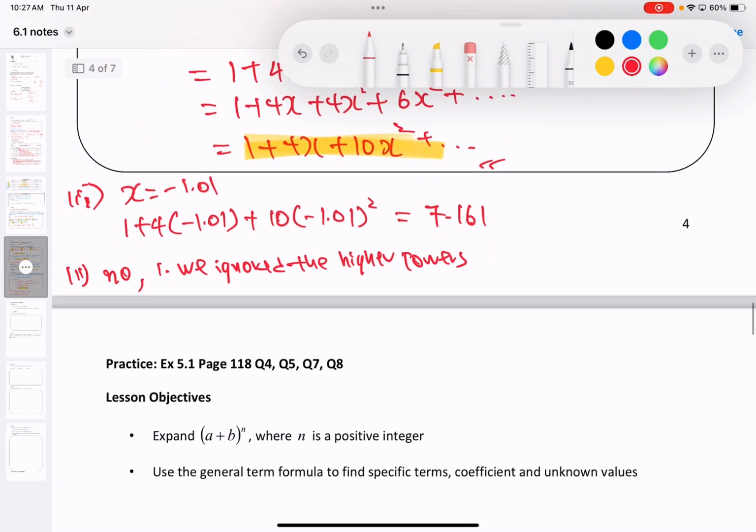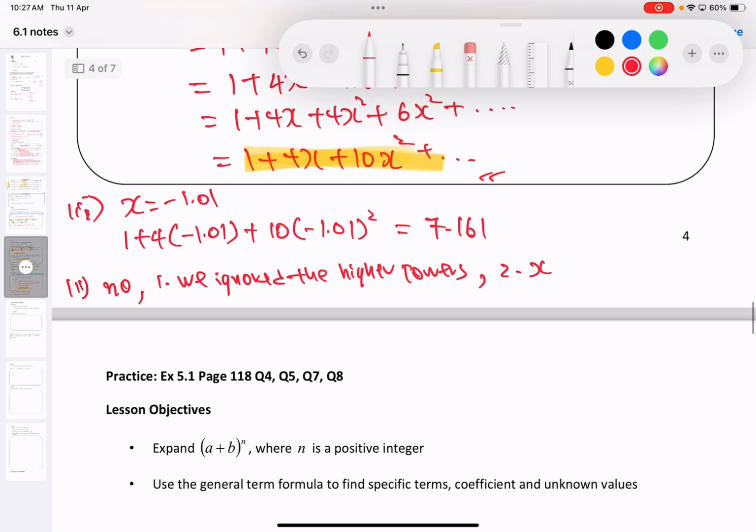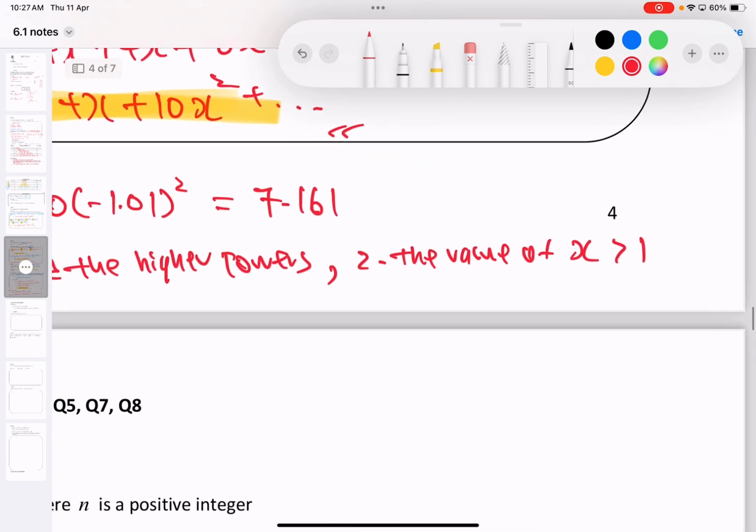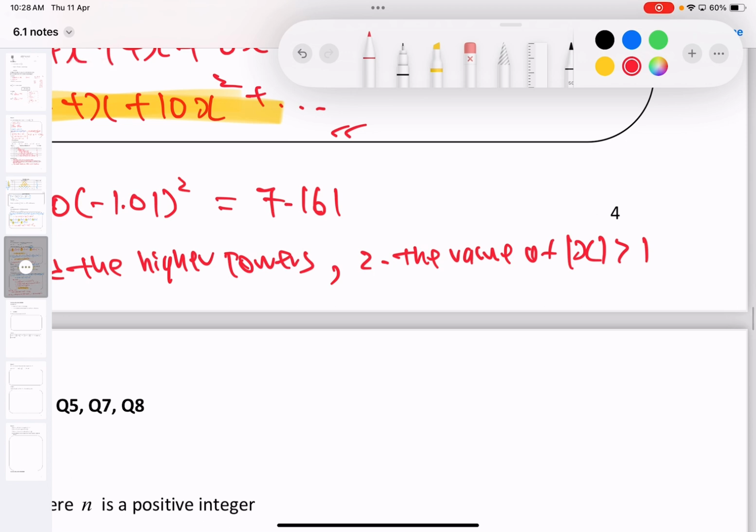Number 2, the value of x that we use for the substitution, the modulus of x, is greater than 1.